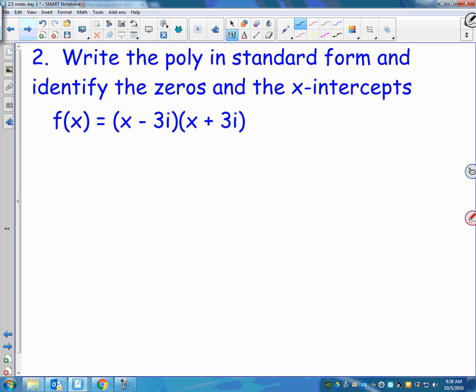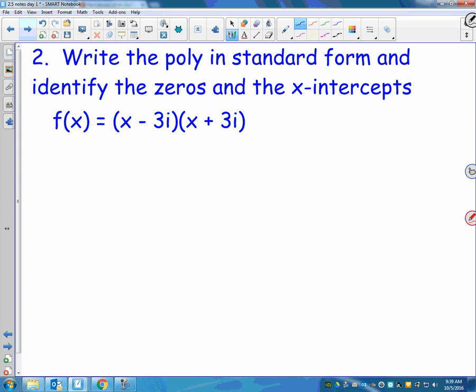Okay, so what else are we gonna do? Write the polynomial in standard form and identify the zeros and the x-intercepts. First of all, what does it mean when it says write in standard form? Is it, like, after you multiply it out? Yeah, you just have to multiply it out. We just did one.